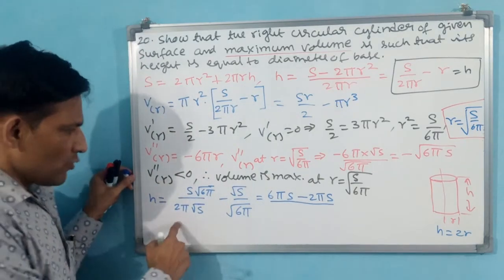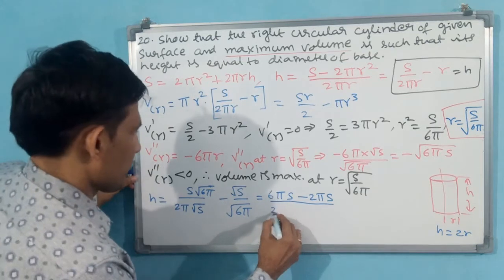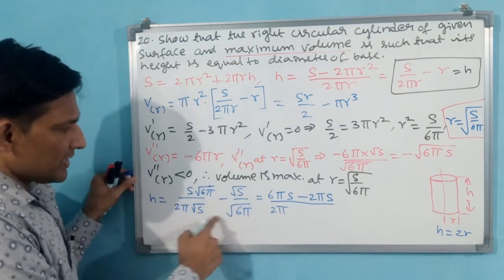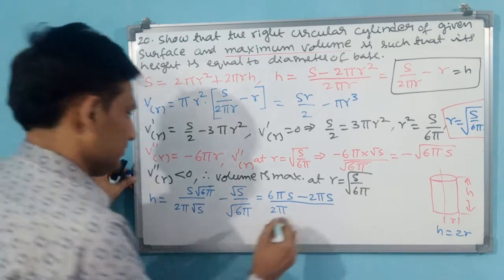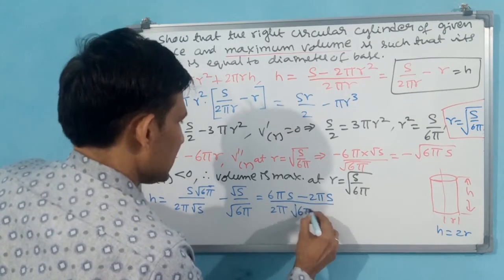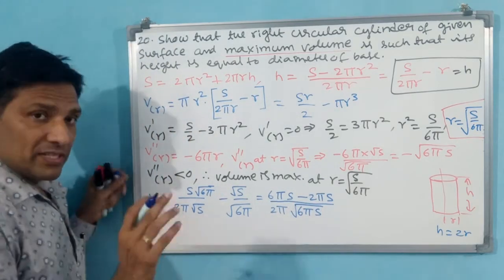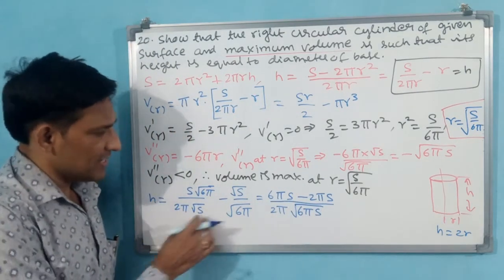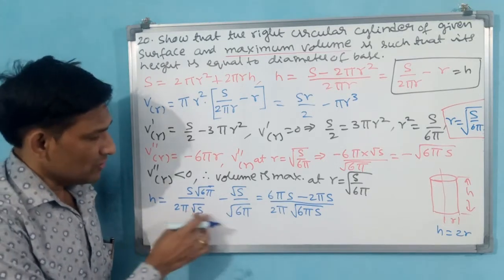Now you multiply this. 2 pi into square root of 6 pi s. Why? If the same s was there, the root would get cancelled, but this is different.